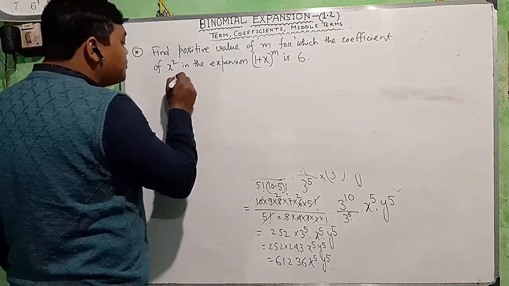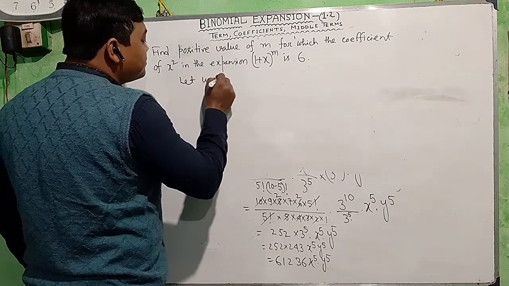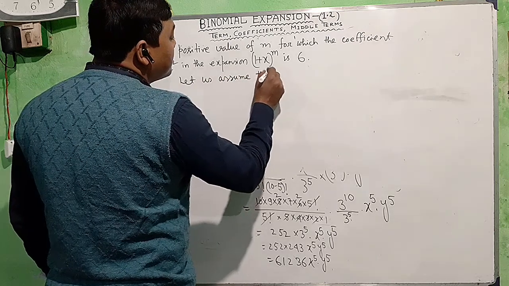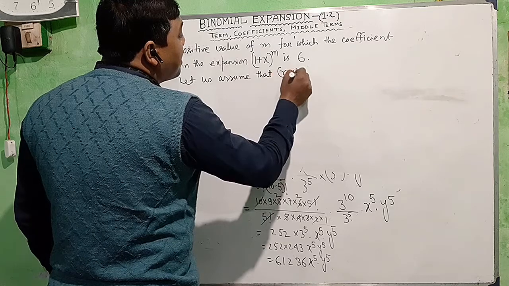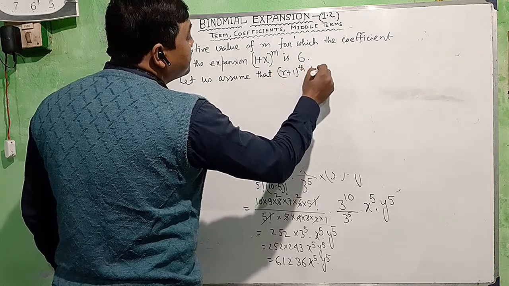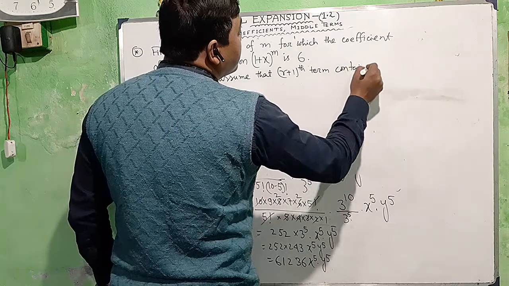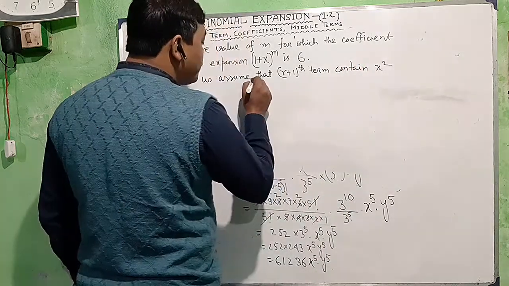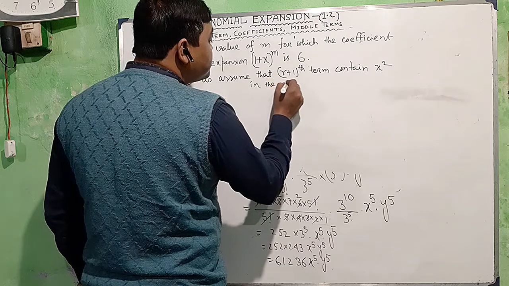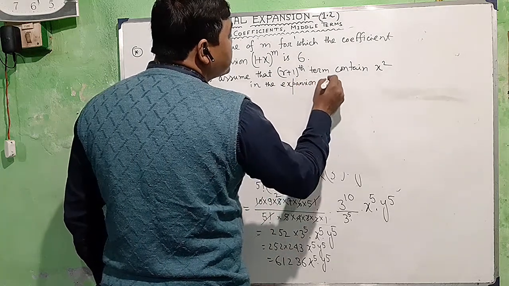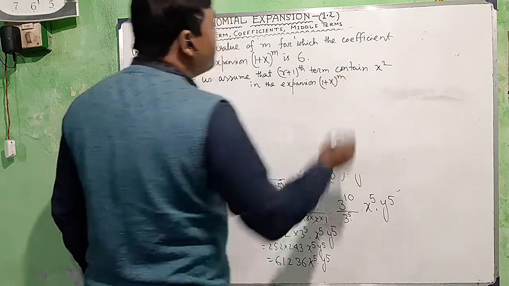So let us assume that the r plus 1 term contains x square in the expansion of 1 plus x whole to the power m.